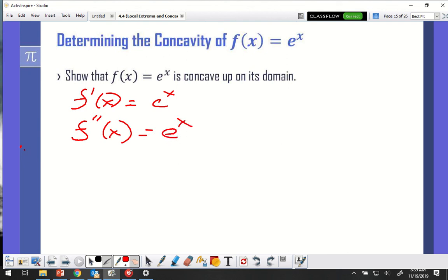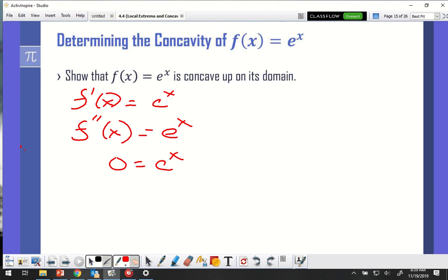So, what did I say? Set it equal to 0. Okay, set it equal to 0. Okay, 0 equals e to the x. ln.